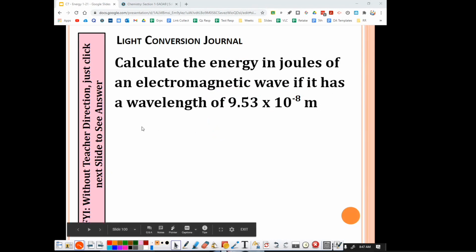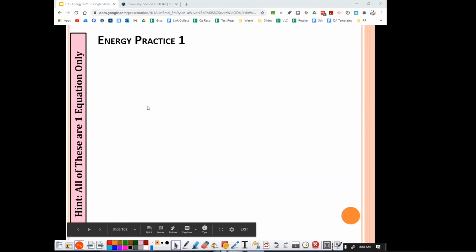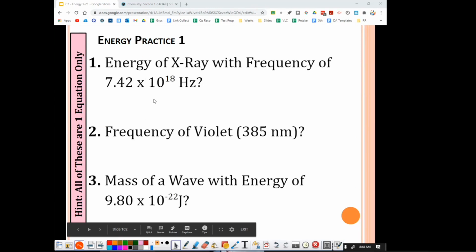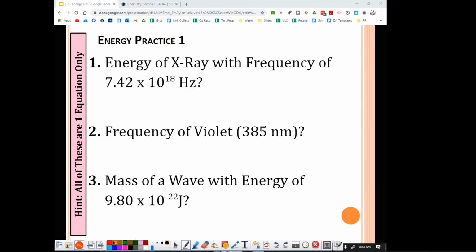Let's take a quick look at some other ones, and you can see other work that I've got here. One of the things that you need to identify is what equation to use when. So as I look here, the energy of a ray with a frequency. This is talking about energy. And this is talking about frequency, so this is Planck.